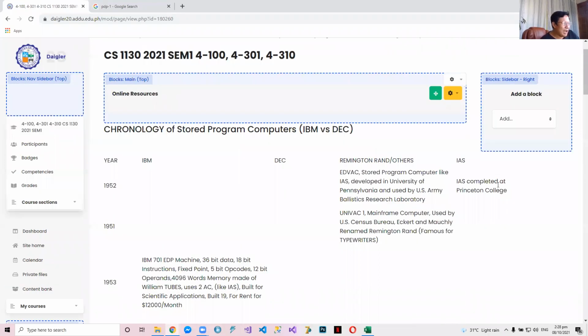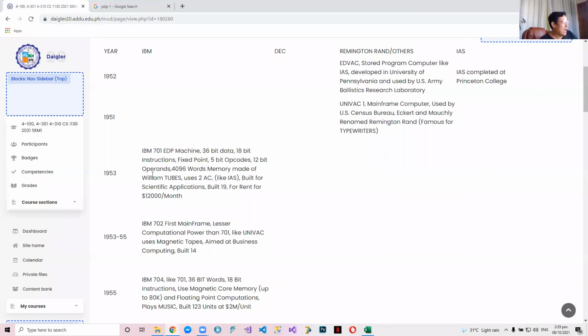Take note, when the IAS was released in 1952, the year after, IBM released the IBM 701. This is the first machine called EDP. If you're asked what EDP means, it means Electronic Data Processing Machine. This was first coined in 1953 when IBM manufactured their first computer, the IBM 701 EDP machine.